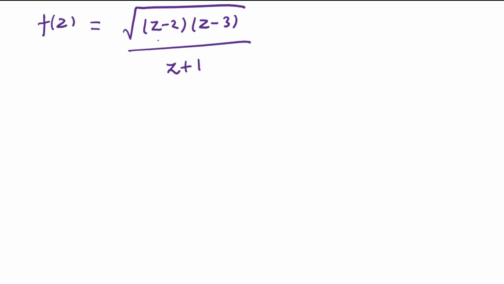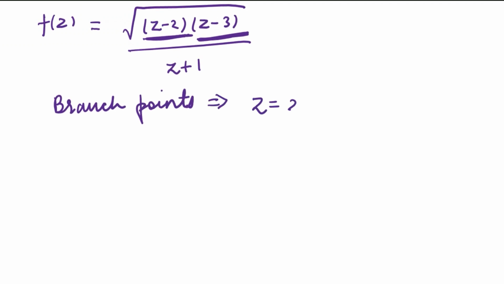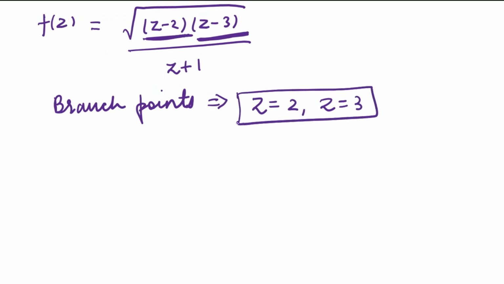Now look at these functions. Under root z minus 2, under root z minus 3. Aren't these multivalued functions? So the branch points will be z equals 2, z equals 3. Now you can say that for z equals 2 and z equals 3, f of z becomes 0 and it does not give you an undefined value.